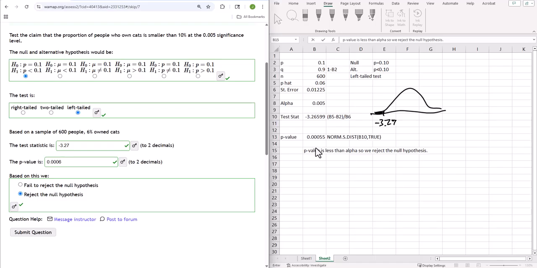Then we make a decision. We reject the null hypothesis because our p-value is less than alpha. And then that means that there is enough evidence to support the claim that the proportion of people who own cats is smaller than 10%. And that is at the 0.005 significance level. So there's one question, a left-tailed test worked out all the way for you.